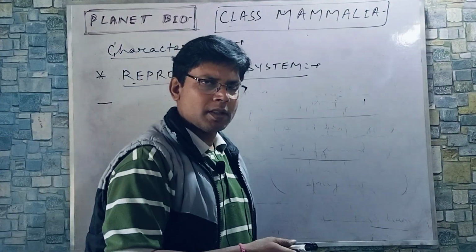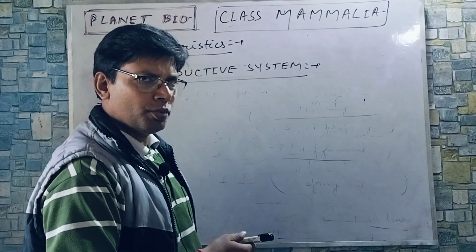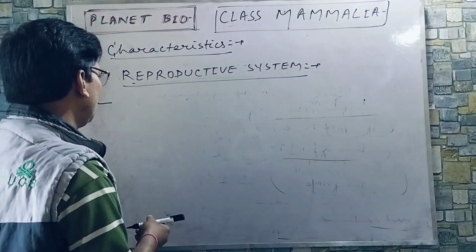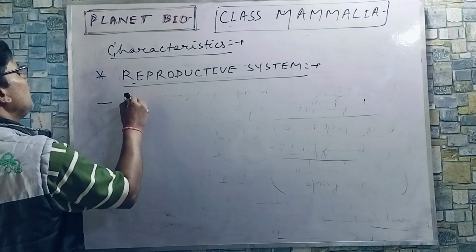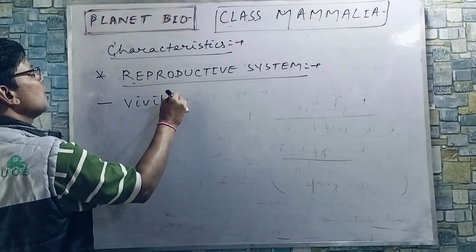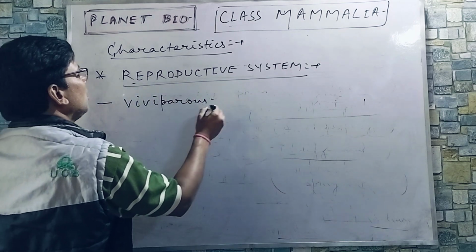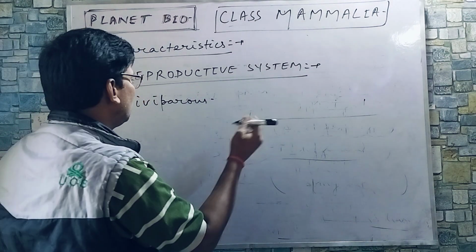Tachyglossus is sometimes considered to be ovoviviparous also. Viviparous mammals are those which give birth to young ones, for example humans and all others.